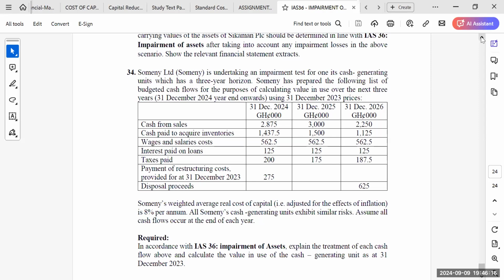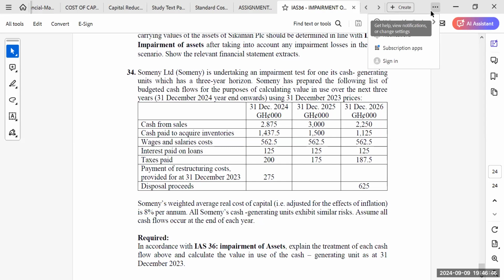So you have the cash from sales, cash paid to acquire inventory, wages and salary, interest paid on loans, tax paid, payment of restructuring costs provided for at 31st December 2023, and then the disposal proceeds. Samoni's weighted average real cost of capital, adjusted for the effect of inflation, is 8% per annum.